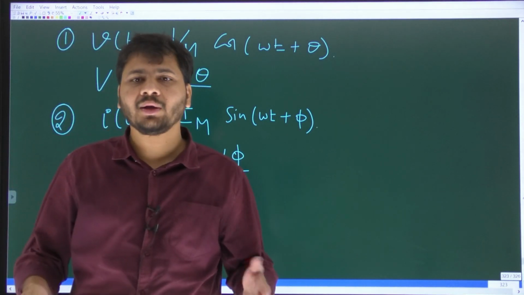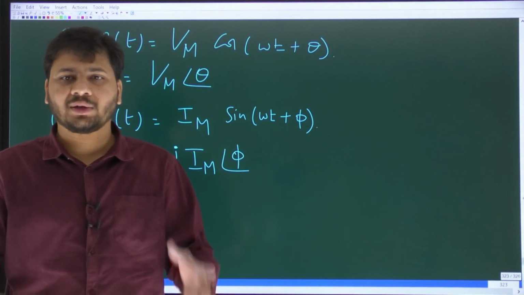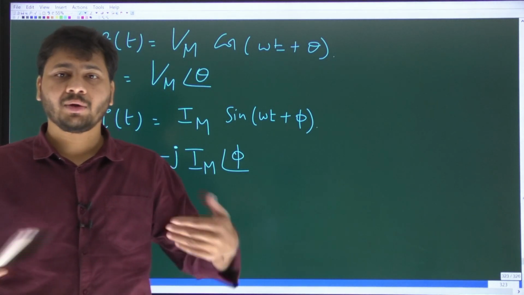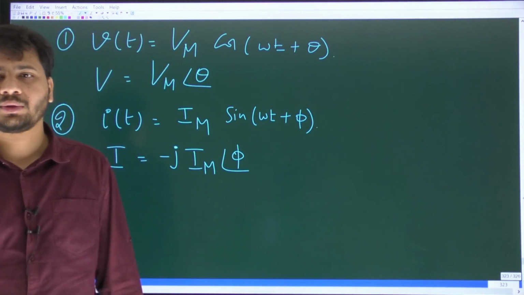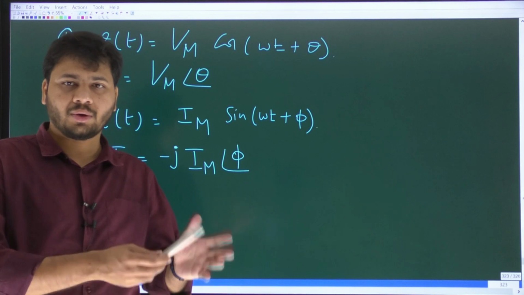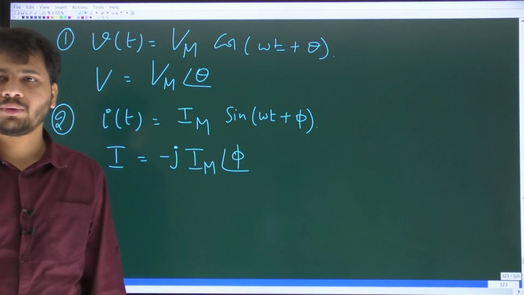Because ultimately we want to find various voltages and currents as functions of time. But we'll do the analysis in phasor domain. So in the end we should again come back to time domain.